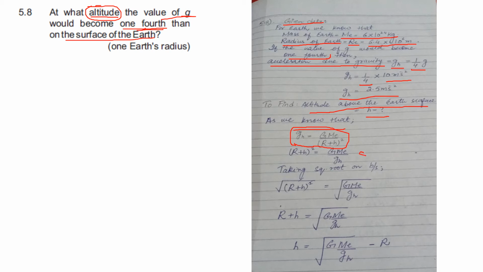As you know this is a square, so this square will be removed if we take the square root on both sides, and we will be left with R plus h, which is equal to under root G Me by gh. If we separate the h, we have to move R to the other side. So h is equal to under root G Me by gh, minus R. In this way we have separated the h, because we have to find out the h, from the given formula.